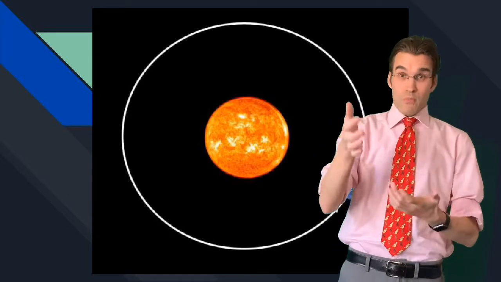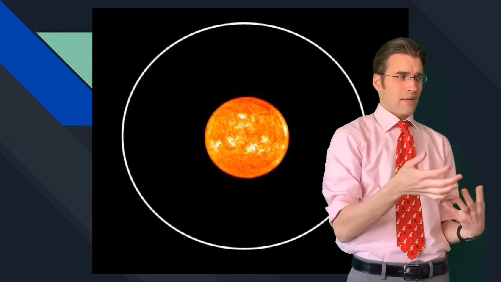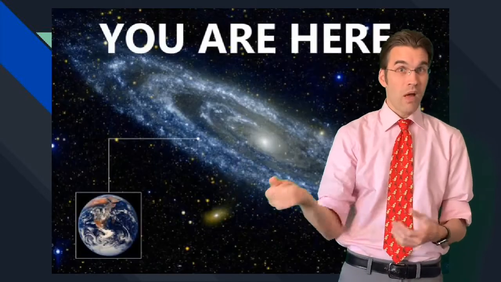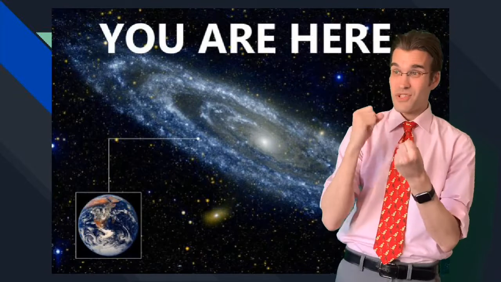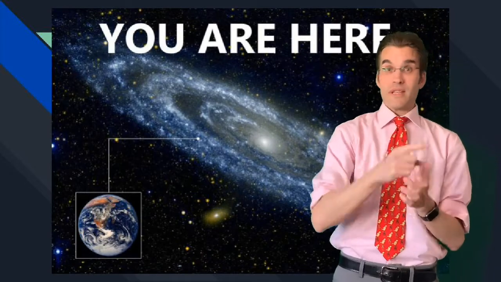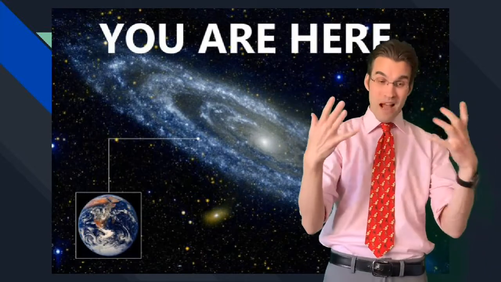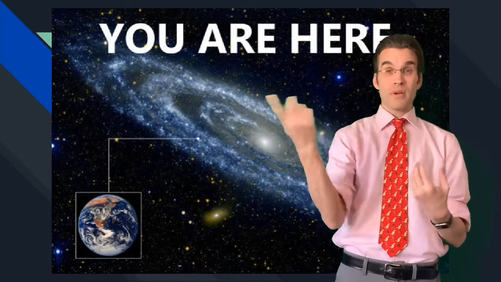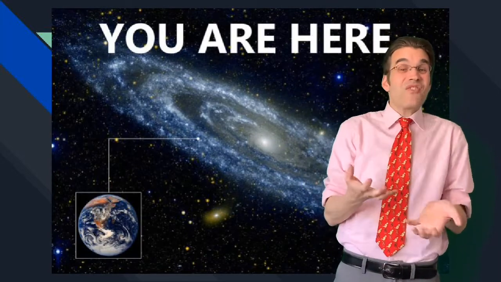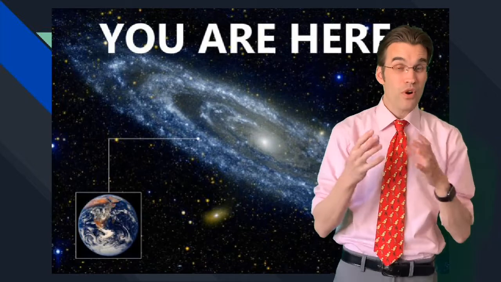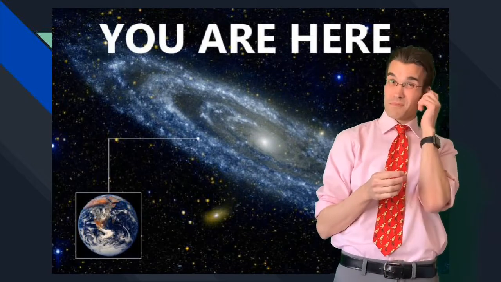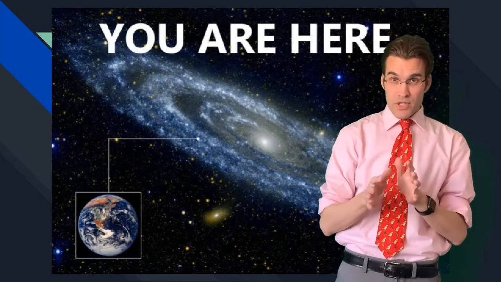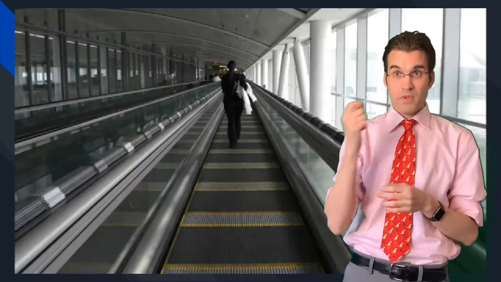So we're moving two ways. Not only is the Earth moving around the sun, but our entire solar system is going around the Milky Way galaxy at like 500,000 miles per hour. So we're always moving.